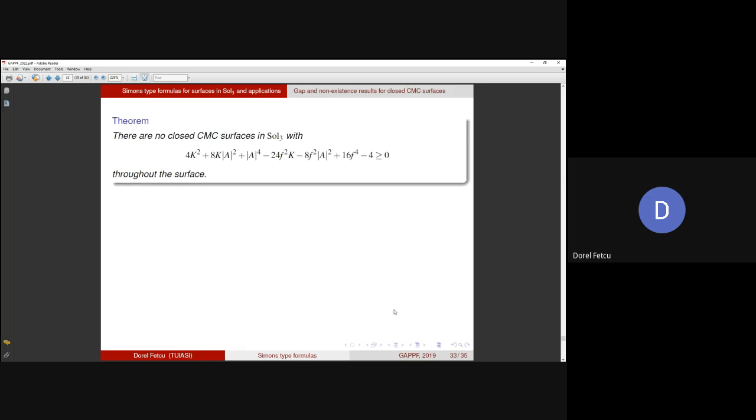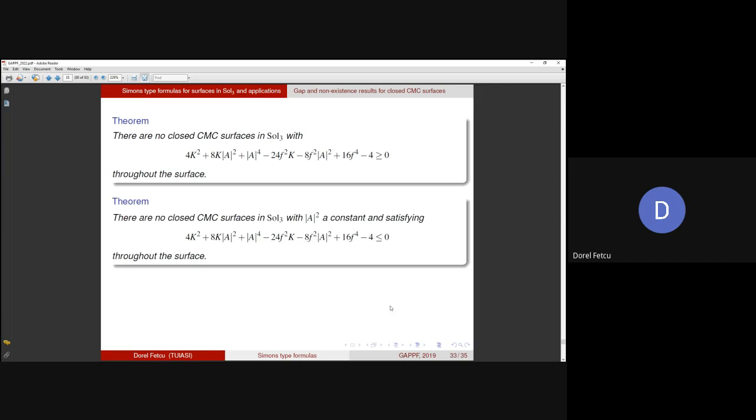Finally, we have this more general theorem that says that there are no closed CMC surfaces in Sol satisfying this long inequality that comes from the first Simon's type formula at any point on the surface.